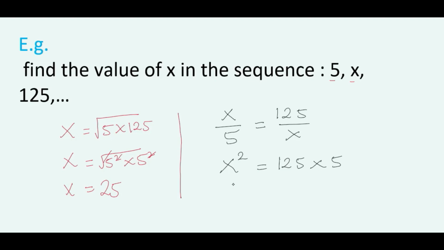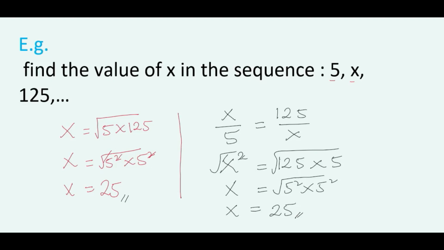So we square root both sides in order to cancel this square. So x is equal to the square root of 5 squared times 5 squared, so we have x equals 25. You can even place this on a calculator and get your final answer. So whichever way, you can do it.